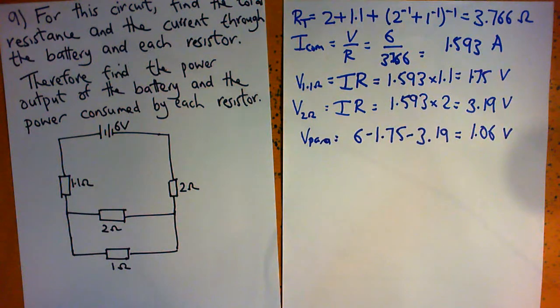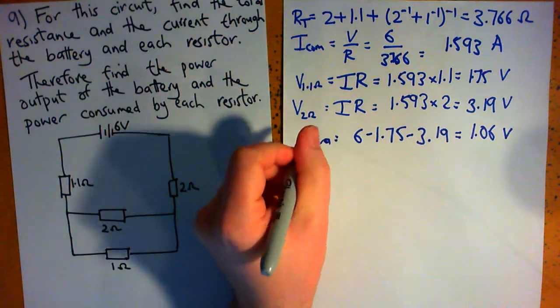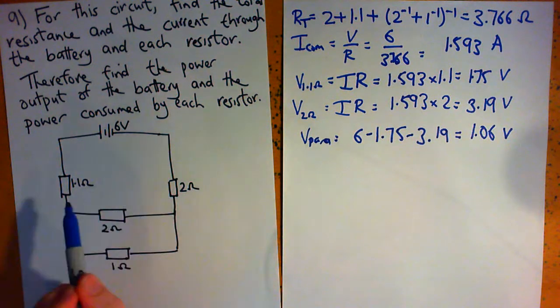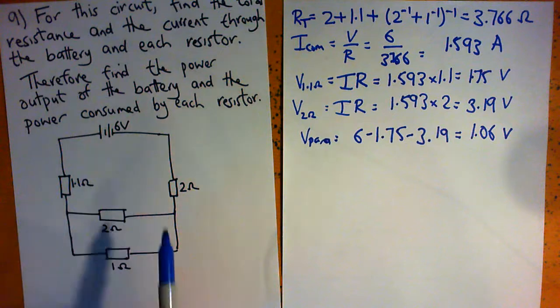So that's the voltage across the 2 resistors that are in parallel. We know the current through the 2 series resistors is 1.593 amps.